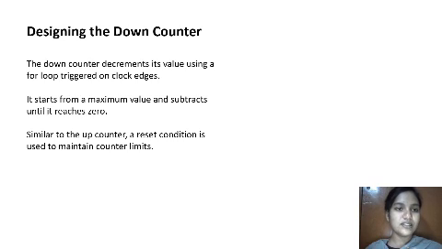Designing the down counter. The down counter decrements its value using a for loop triggered on clock edges. It starts from a maximum value and subtracts until it reaches 0. Similar to the up counter, a reset condition is used to maintain counter limits.